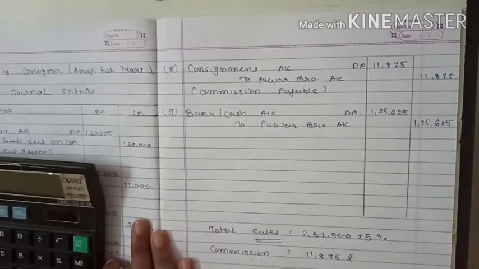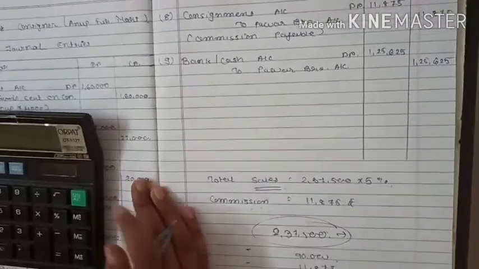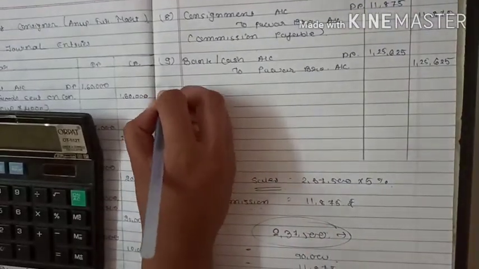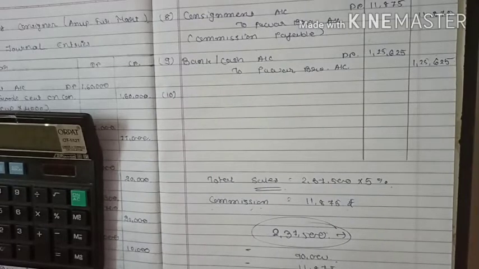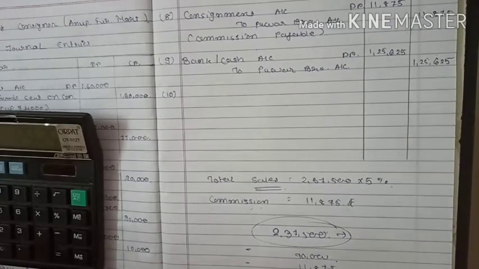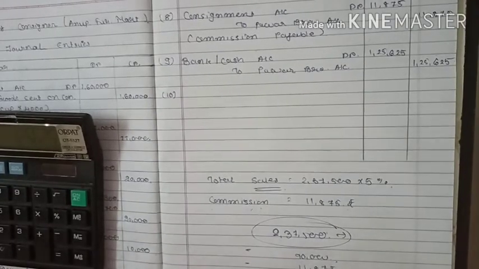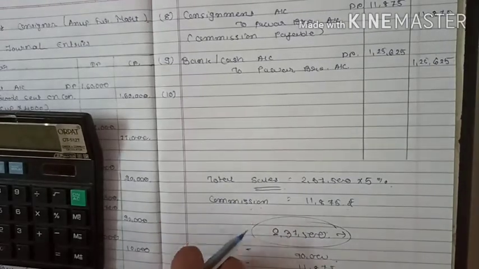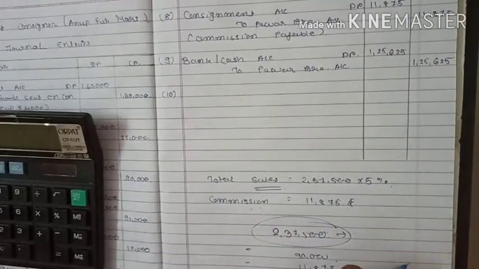Understood? Now entry number 10. Now we are closing the consignment account and we will find out whether it is a profit or loss.